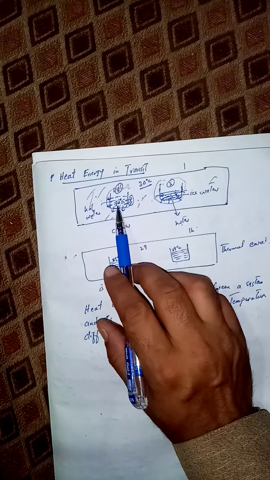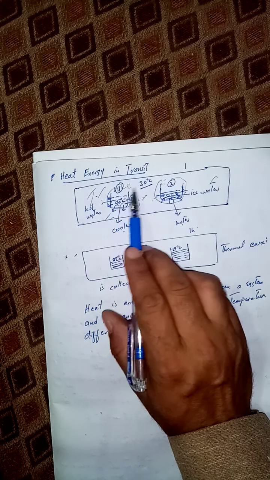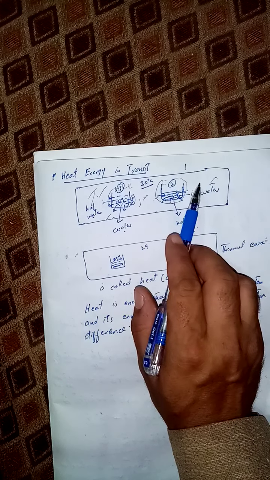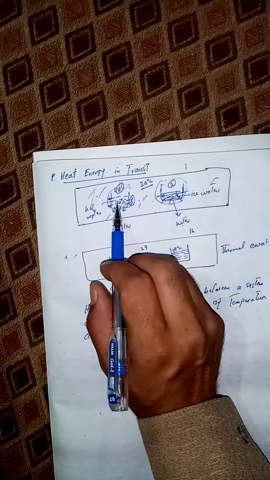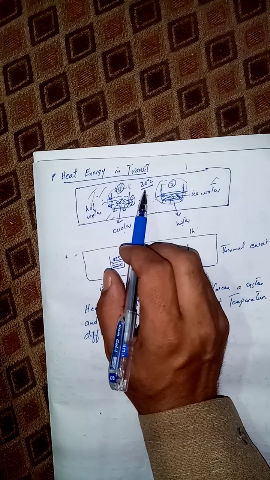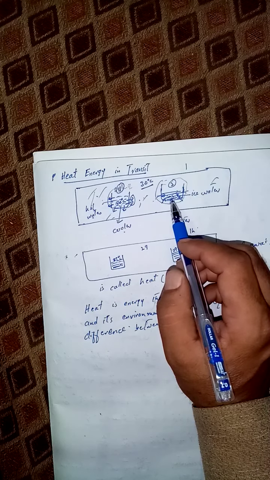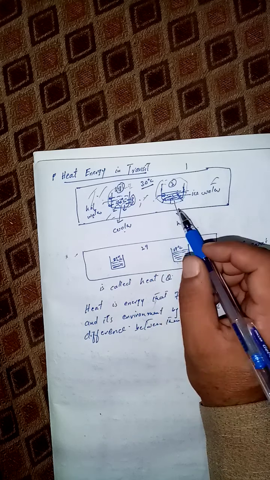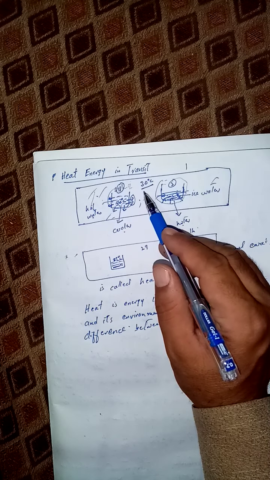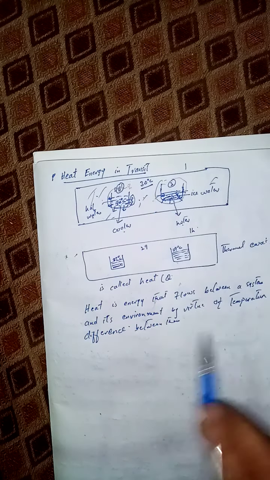Because there was a temperature difference between system 1 and the environment and between system 2 and the environment. In system 1 the temperature was 70 degrees C while the environment temperature was 30 degrees C. The system 2 temperature was minus 5 degrees C while the environment temperature was 30 degrees C. What happened?